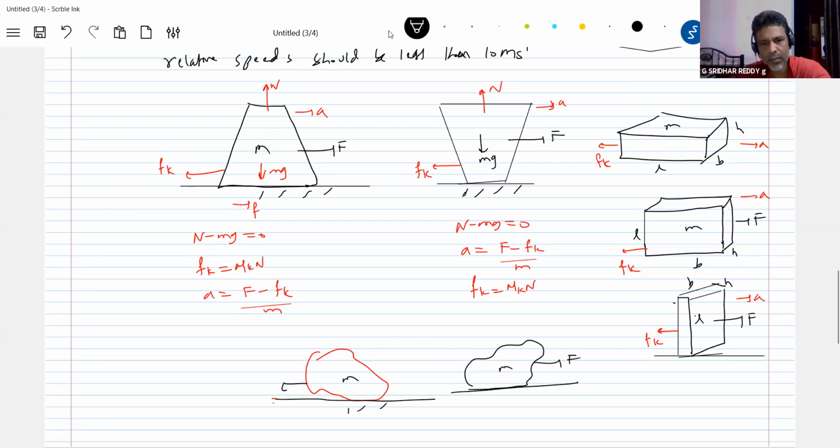Mass, so the same kinetic friction will act. Any arbitrary shape, not something specific like this, any arbitrary shape. This is a wooden block on the same ground, or you can say this is a glass surface.